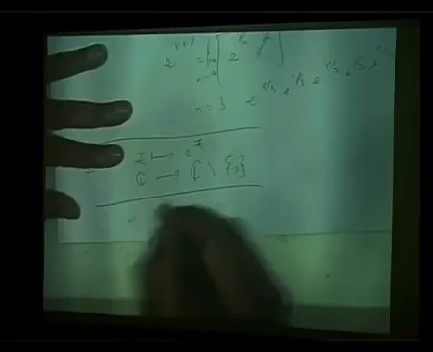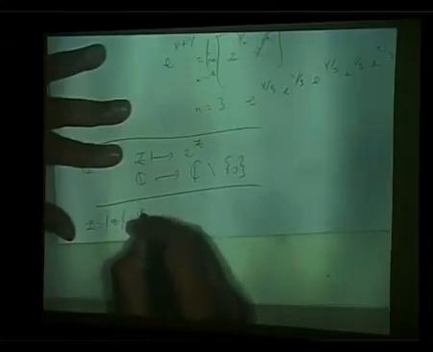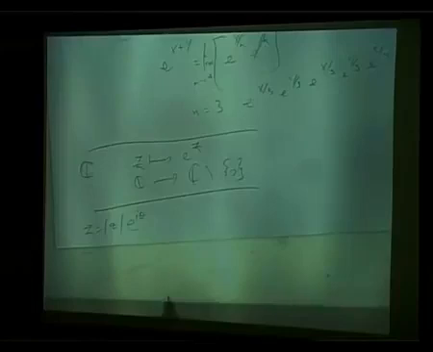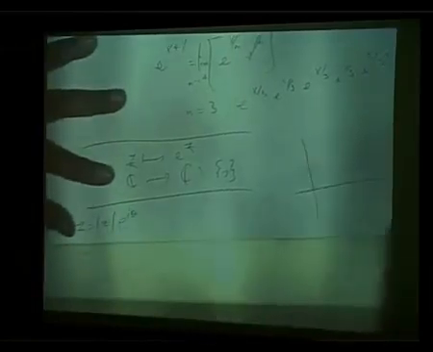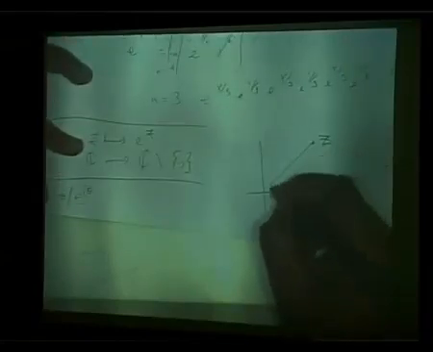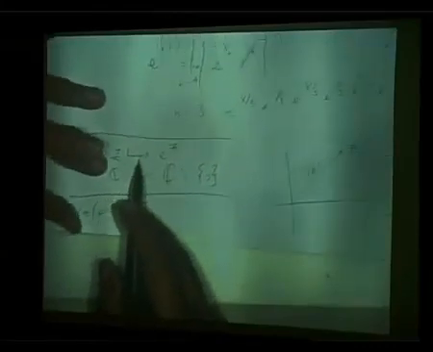So let me just say one other thing. You know that any number you can write as mod z times e power i theta. Right? So there is the usual complex number z. There is mod z. And then it makes angle theta with the x-axis. Then you can write it in this fashion, where this is the exponential function defined in this fashion.